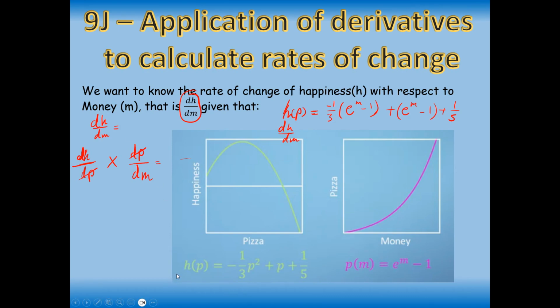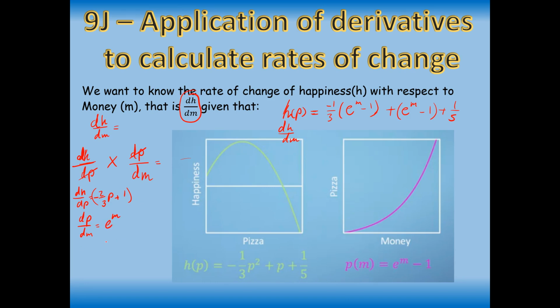What's the derivative of dh with respect to p? dh with respect to p, its derivative is negative 2/3 p plus 1, and this expression is dh with respect to p. dp with respect to dm will be just e to the power m, right?